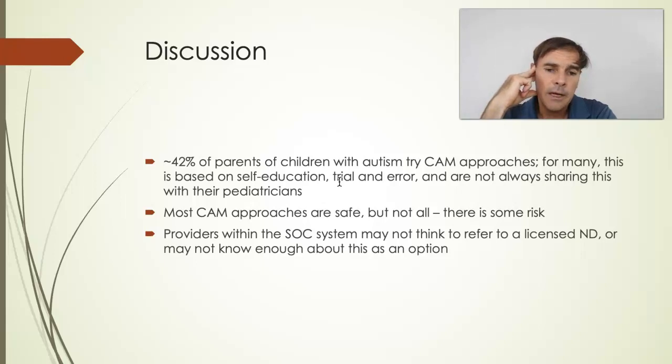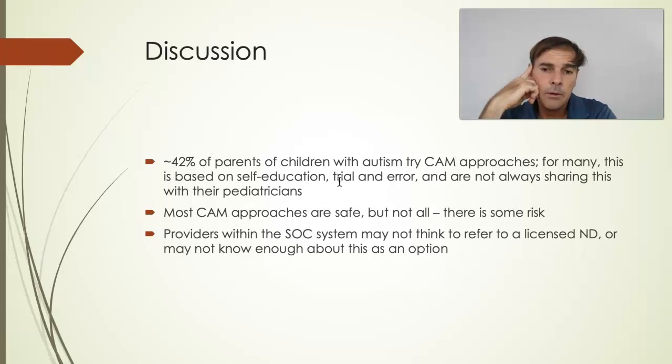And then providers within the standard of care system may not think to refer to a licensed naturopath. I think this is a problem I see also in psychology, that not many psychologists know about naturopathic medicine as an option. So if a psychologist is doing an intake with potentially a child with autism, they're likely to refer to ABA therapy, or maybe therapy with the parents of the child, and maybe a psychiatrist.